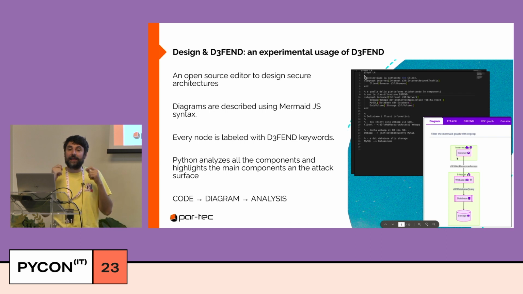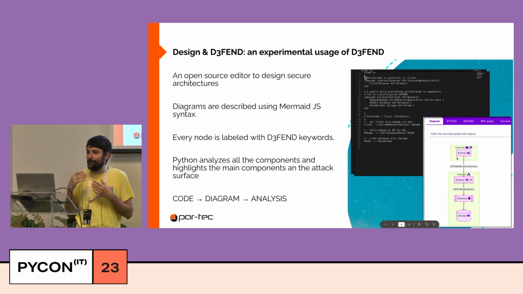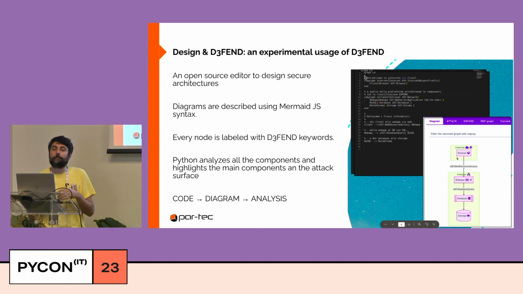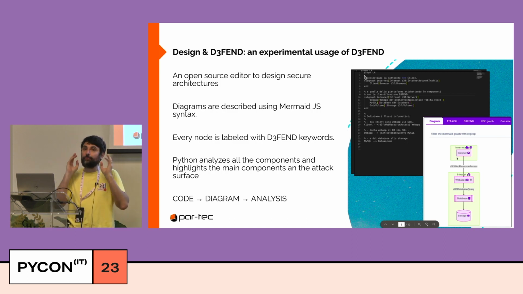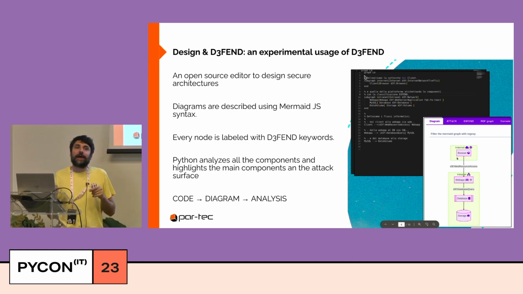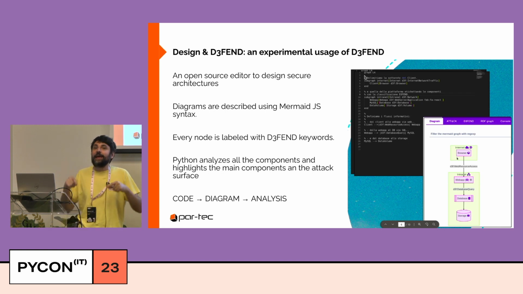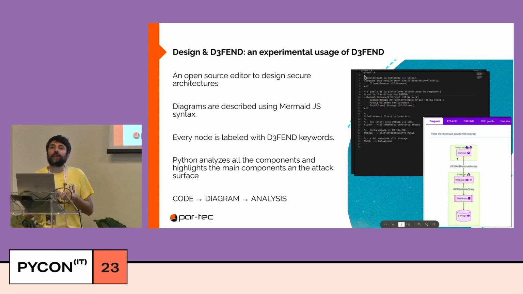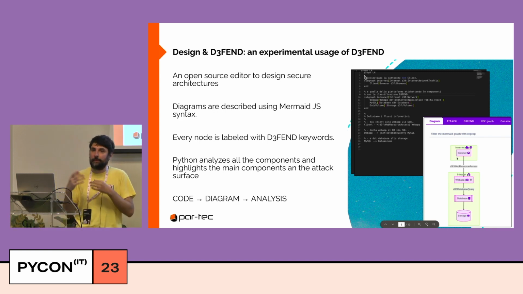And you can add text labels to every node. Then this application is very simple. You write your Mermaid diagrams, and in every node, you write D3F dot something. It knows what something is. It can be a database, it can be a volume.